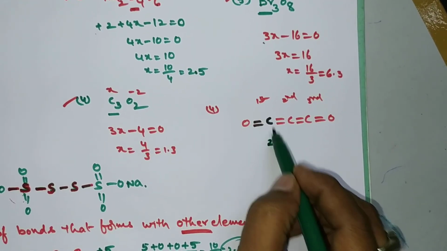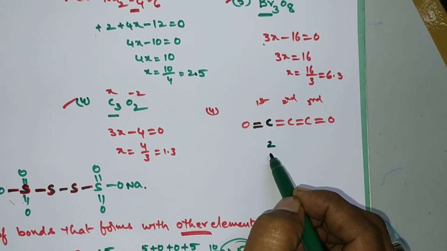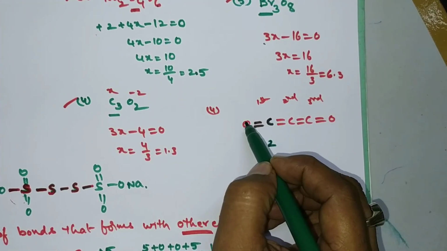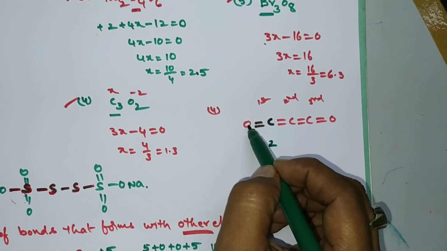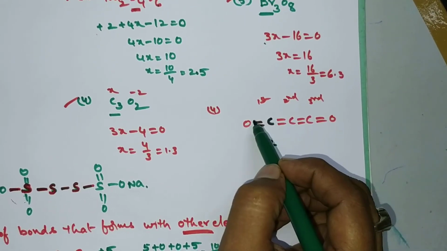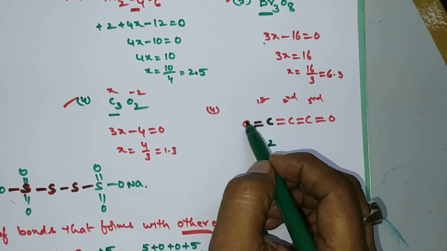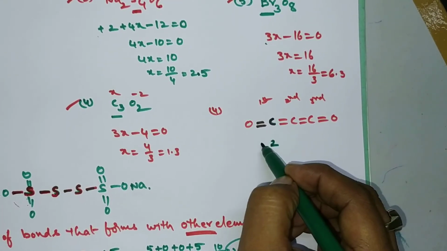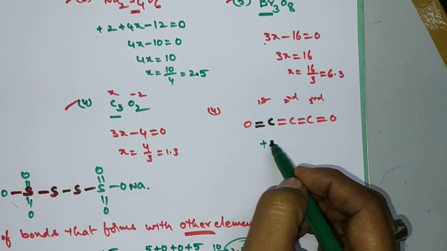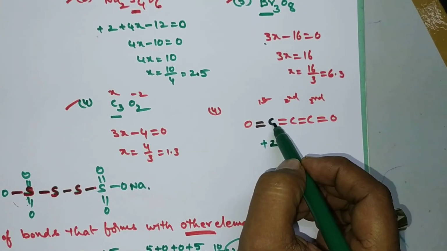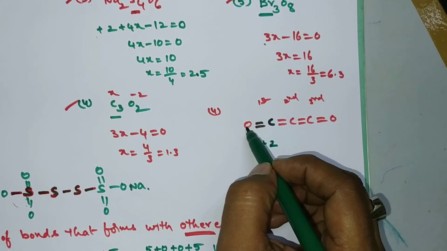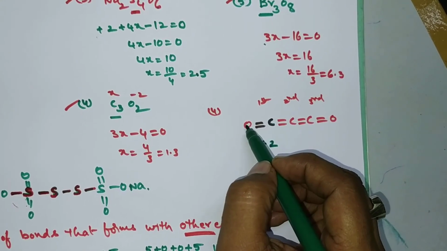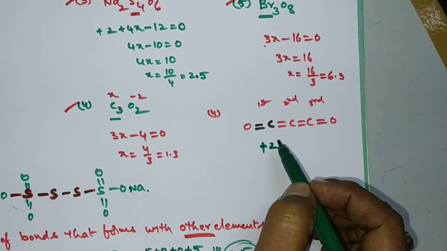Now how can you know whether it is +2 or -2? Here the CO bond is there, and oxygen is more electronegative than carbon. So oxygen exhibits a negative oxidation state and carbon exhibits a positive oxidation state. That's why here it is +2. Okay, clear? This carbon forms 2 bonds with other elements, and it is less electronegative than oxygen, so it will possess +2 oxidation state.